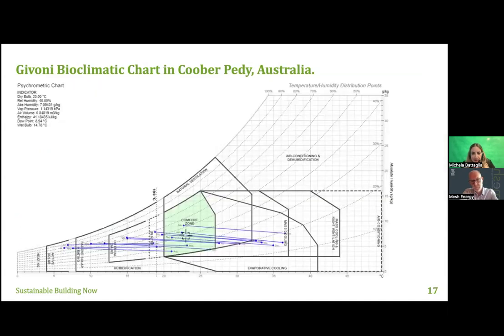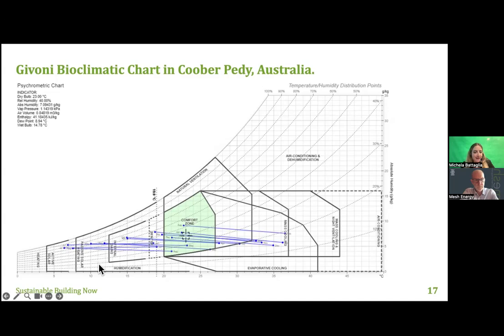Let's see here. Okay, this is the main graphic. You can see also here, this is the evaporative cooling zone. There is the mass cooling zone. And when we are here, we could study implementing this type of strategy.